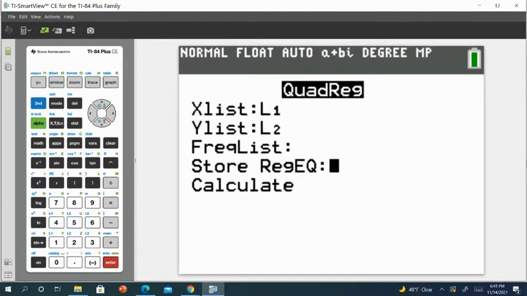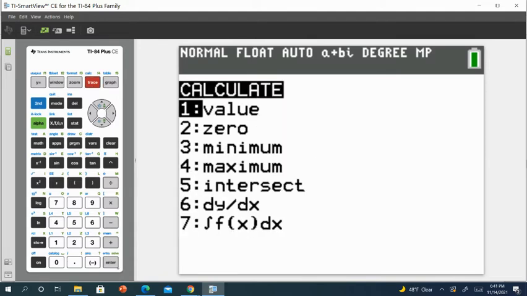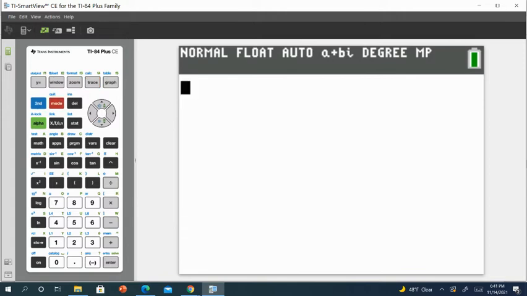Enter, enter, enter. Alpha trace. Nope. I don't know what button I just pushed, but we're going to do that again.